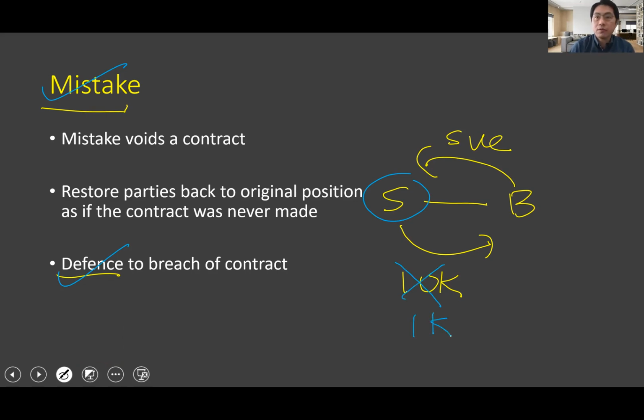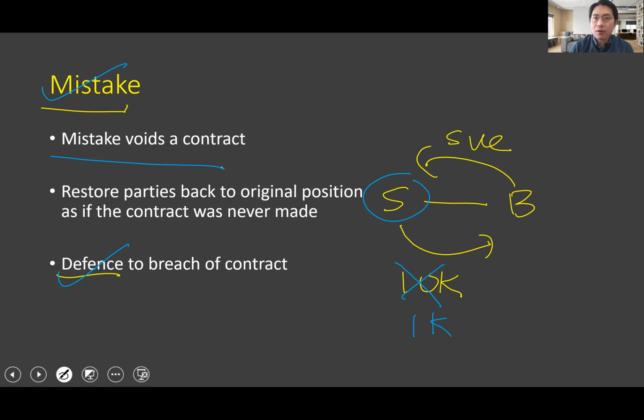Because of the mistake, and assuming that the rules for legal mistake are satisfied, we've seen this in your first point on your screen, mistake voids a contract. And if that contract is now voided, there's no contract, then the buyer cannot be suing for breach of contract, can he?